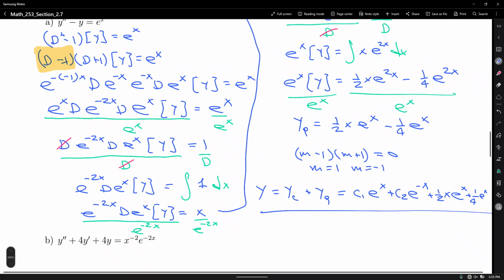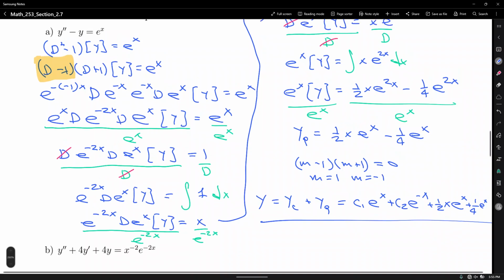Check this out, guys. Let's compare with what we did back with undetermined coefficients. Do you see the homogeneous solution? It actually has a duplicate with the non-homogeneous part of the differential equation. We would have had to multiply by 1 power of x, do a couple of derivatives, and then equate coefficients.